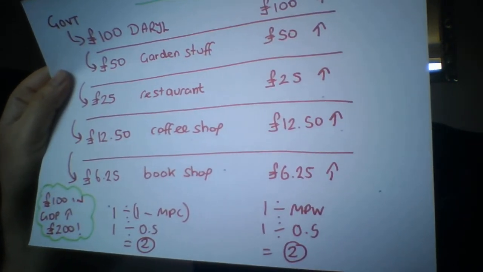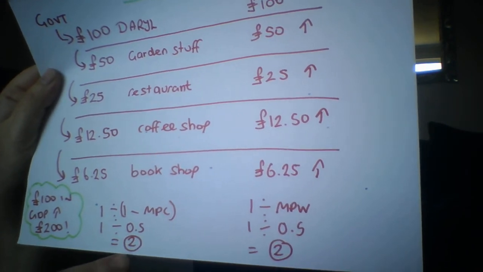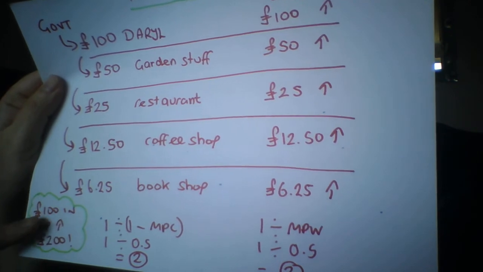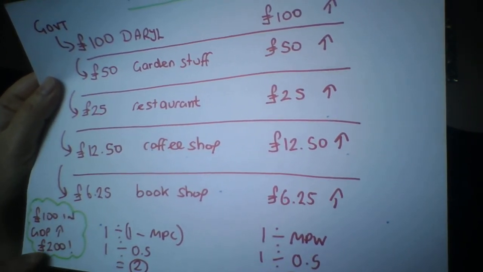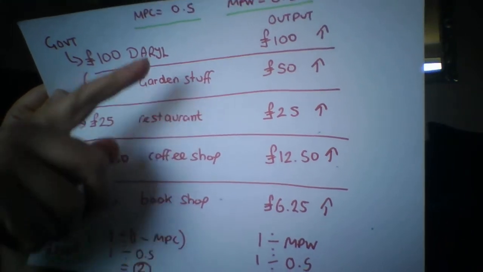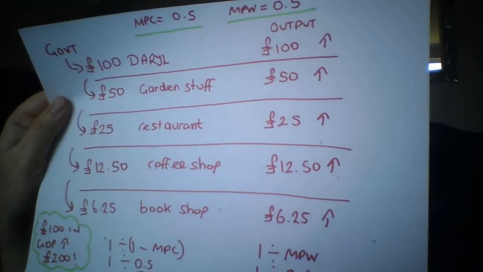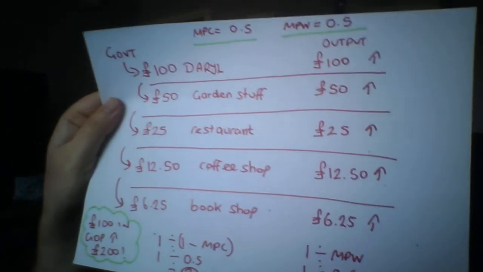Now you can see here as well then, we can work out the multiplier effects. So using the formulas, we can get a multiplier effect of 2. So that means from my £100 extra output, the economy will grow by £200. We take the 100, we multiply it by the multiplier of 2, so GDP would grow by £200 on the back of that £100.